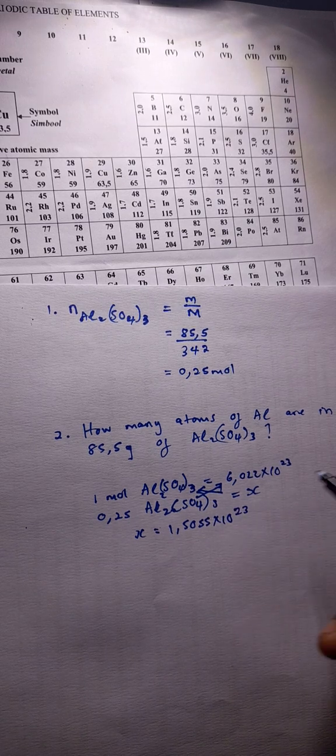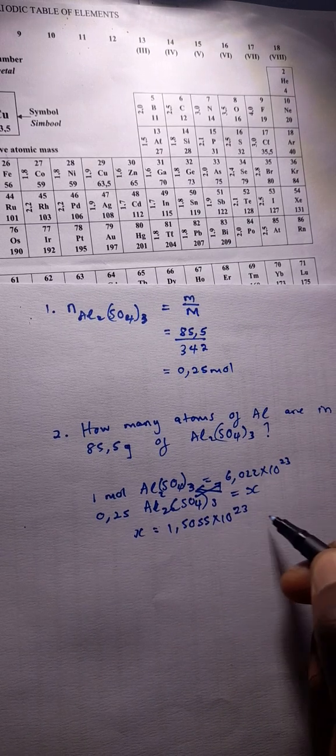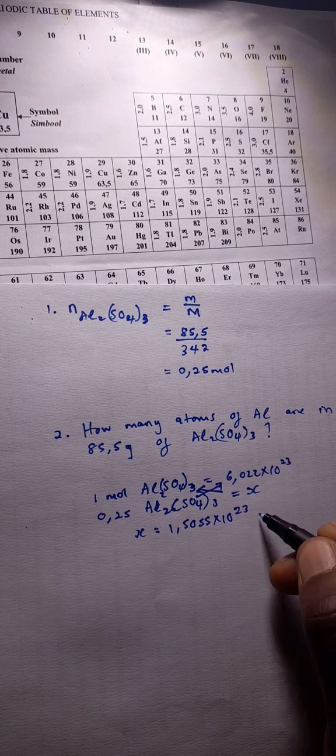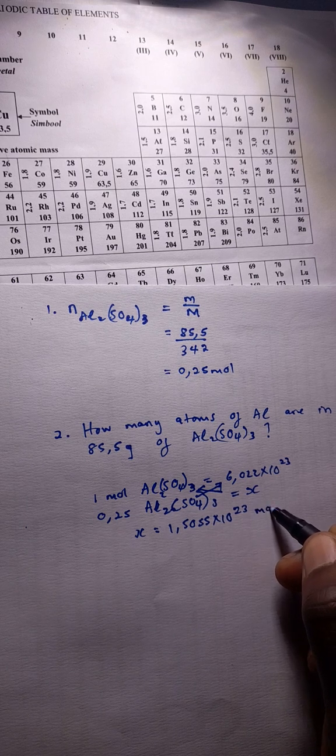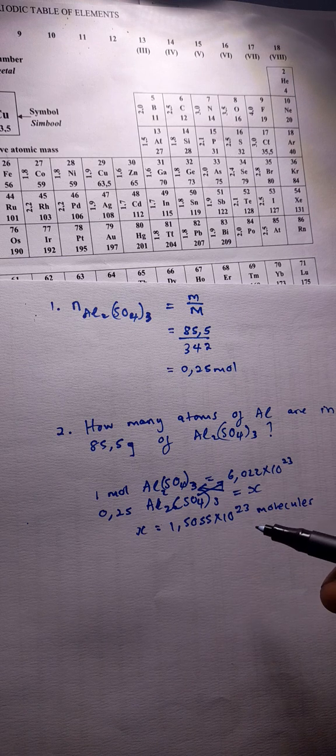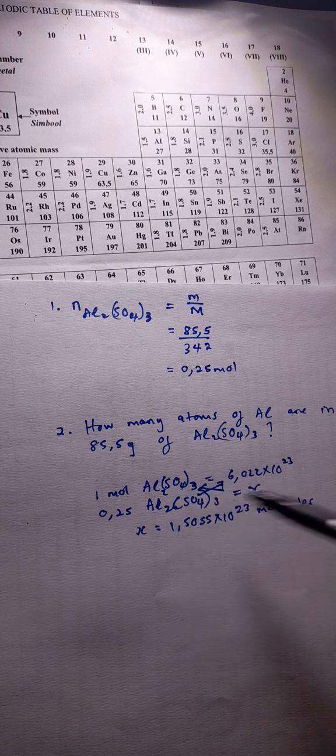I can keep it to 4 or 5 decimal places. So I'm getting 1.5055 times 10 to the power of 23 molecules of aluminium sulfate.